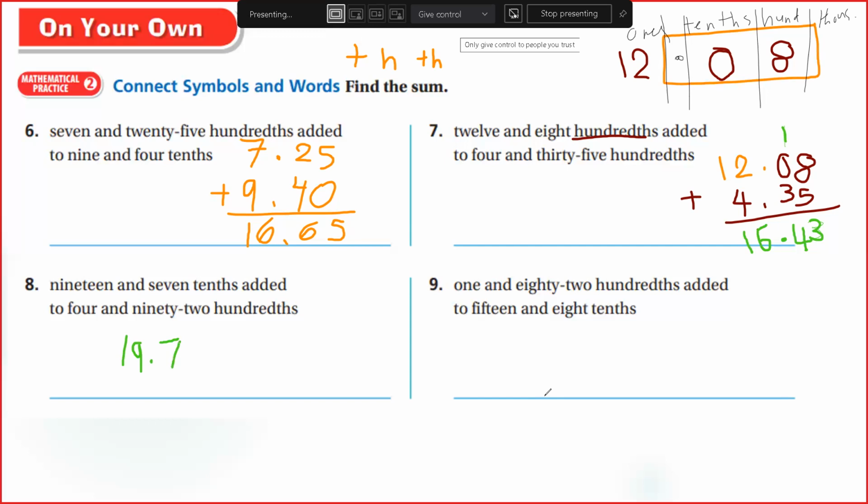So how it will be? 7. Yes, added to 92. Bravo. Then next, what you have to do? Add. Add. Bravo. Yalla, continue.